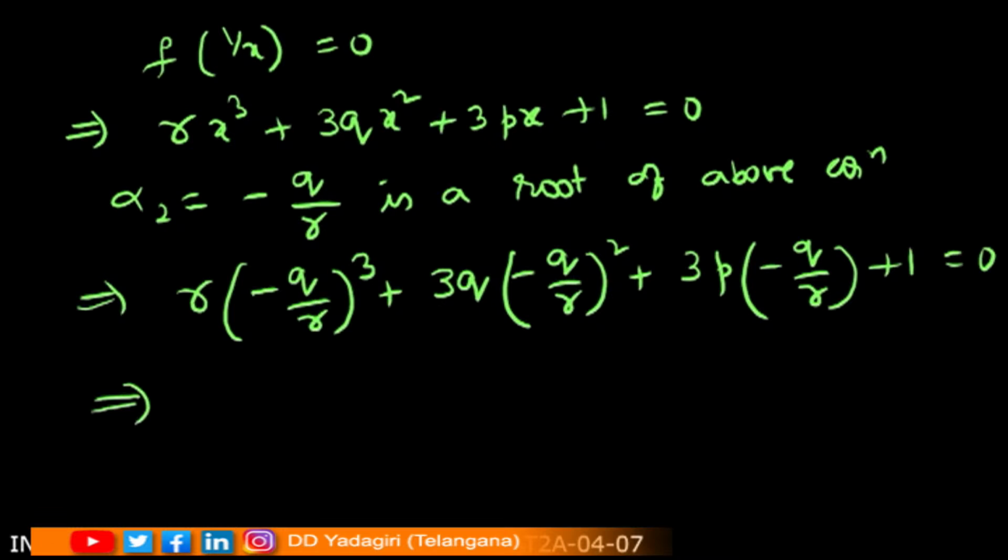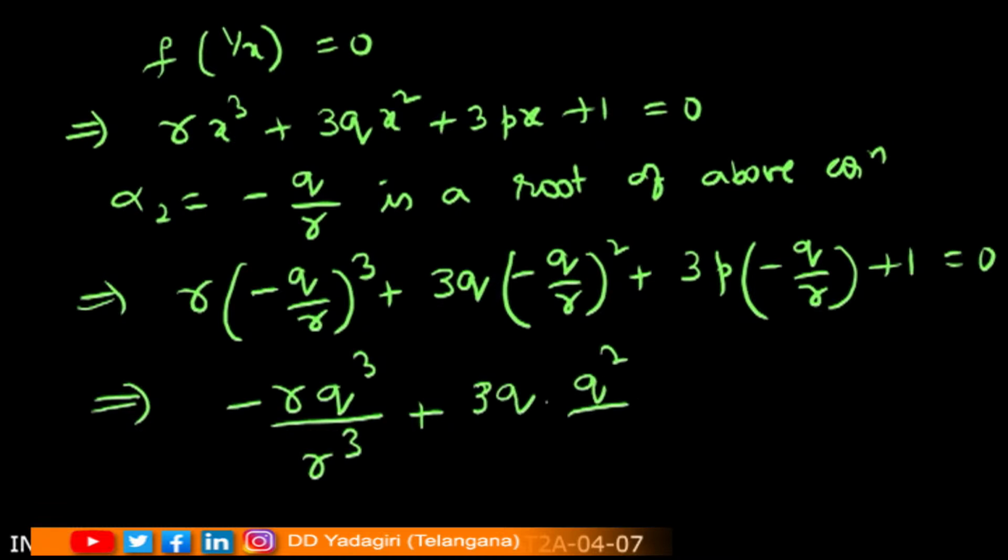So, this implies minus q cube by r square plus 3q into q square by r square minus 3p into q by r plus 1 is equal to 0. So, what do you get now?